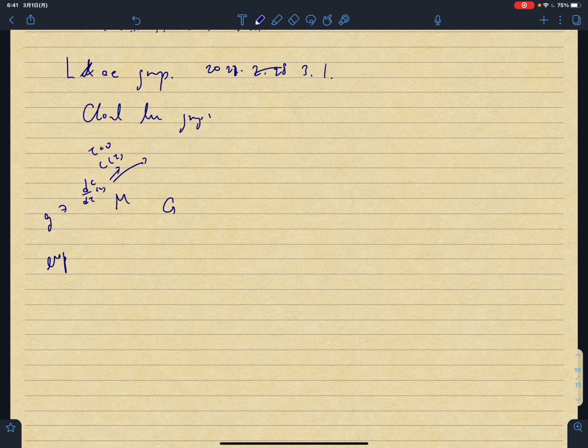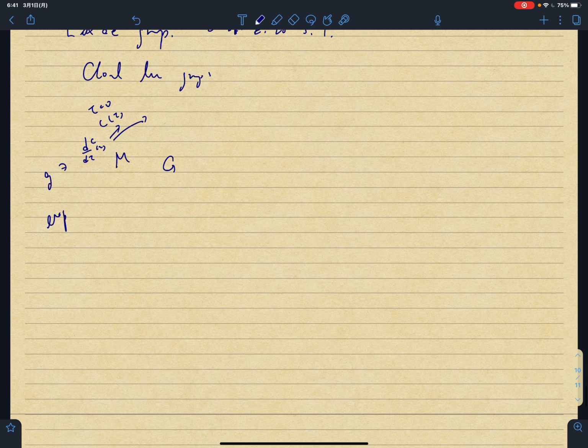A homomorphism pi of closed linear groups carries a smooth curve through the identity to a smooth curve through the identity.